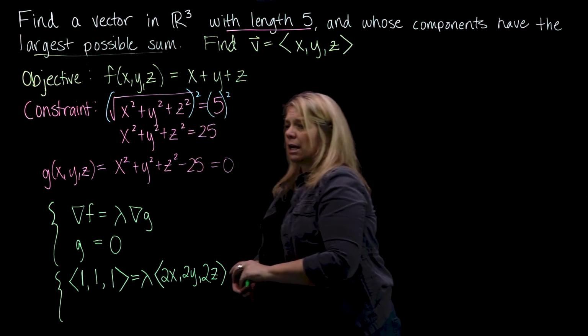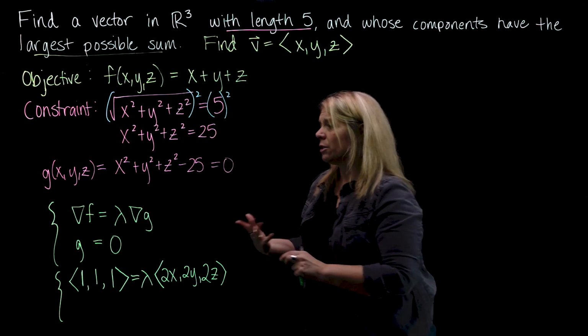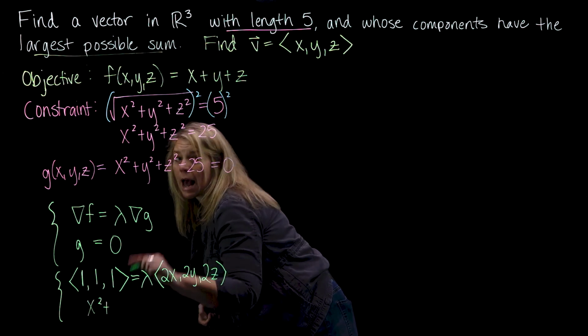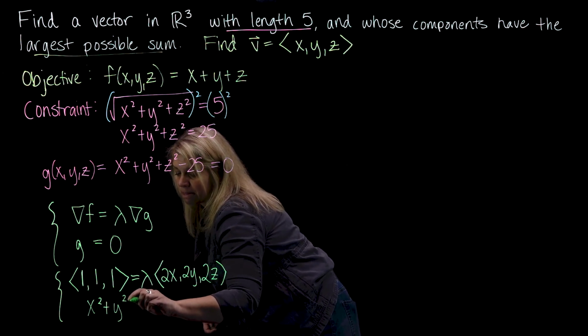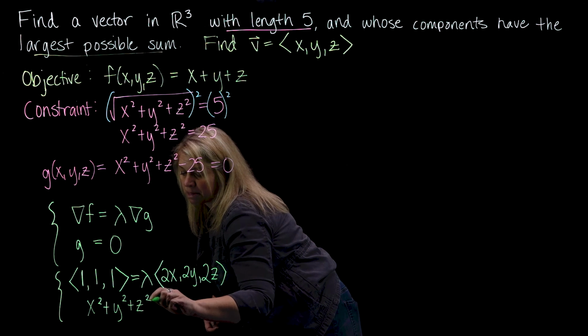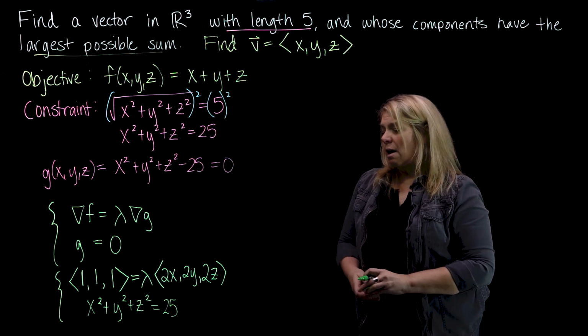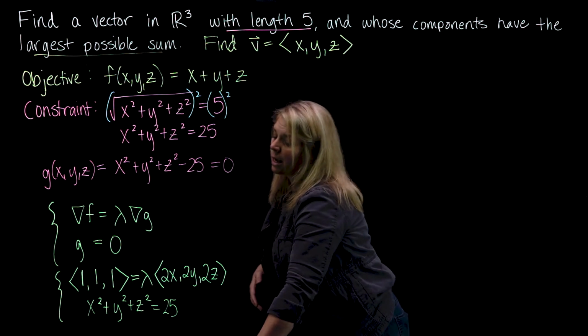I'm going to actually go back to a previous step. I can write down this equation equal to 0, but when I do the algebra, I will probably want to add 25 back to both sides for that. Okay, so I'm going to be solving this system of equations to do my work here.